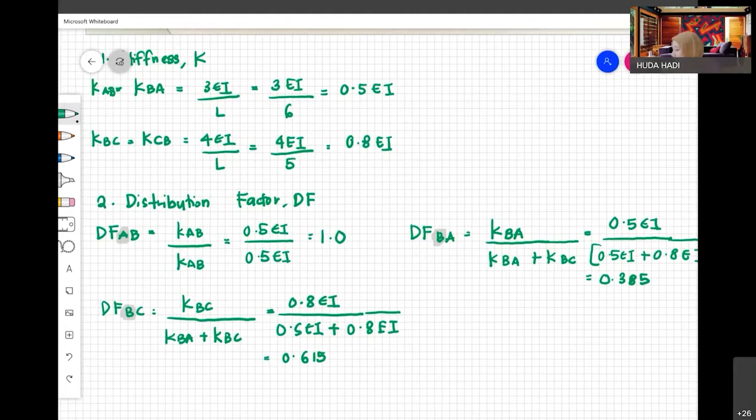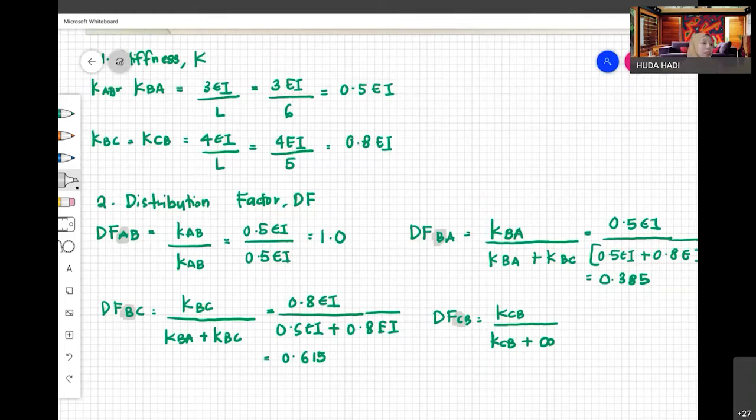So BC dan CB. Last kali. So KCB lah. Divide with KCB plus infinity. Why infinity? Sebab dia adalah fixed end support. Fixed support dia memang ada that infinity. Dia macam lah ada extra support lah sebenarnya. Sebab fixed dia very rigid.